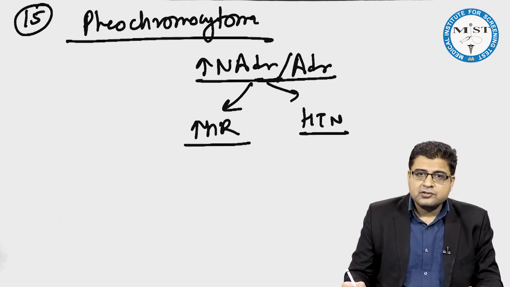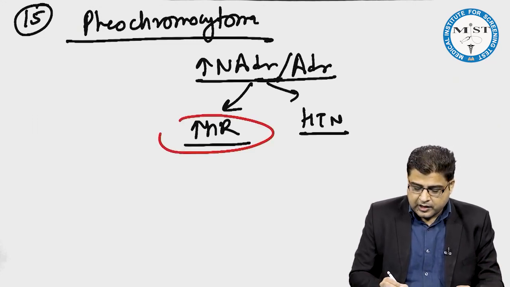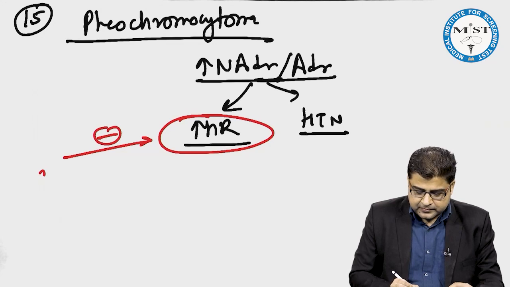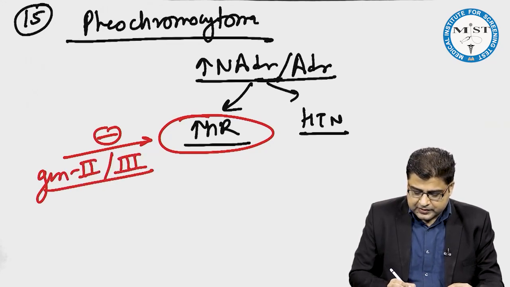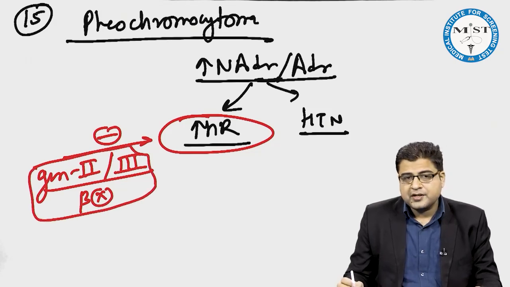So please remember, generation 2 medicines which are cardioselective or generation 3 medicines which also have vasodilator property are used to control these symptoms. So generation 2 and generation 3 beta blockers are given to control symptoms of pheochromocytoma.